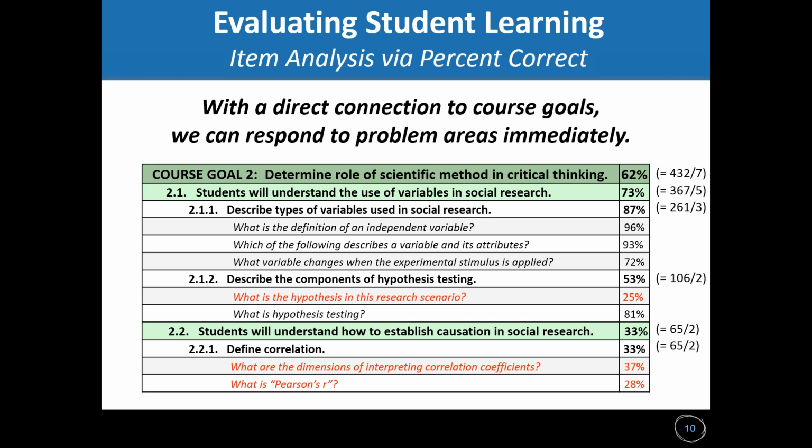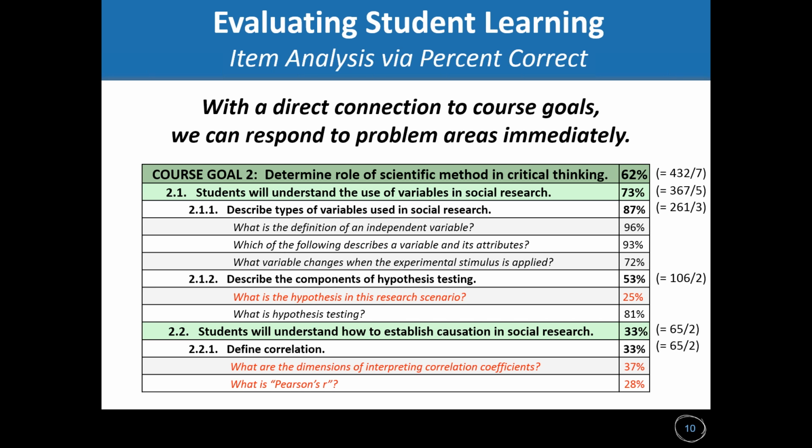In this case, watch carefully what happens. Based on the numbers we just calculated, the 53% for 2.1.2 and the 87% for 2.1.1, we know what those are, and I want to find out what the number for 2.1 would be: students will understand the use of variables in social research. How well do we do? What I look at is the percent correct on all of the questions that fall underneath the light green bar.